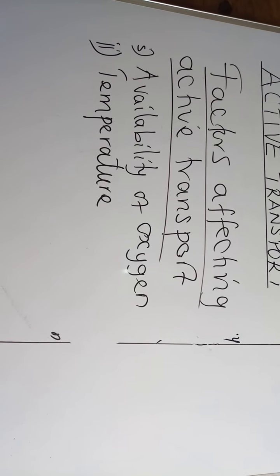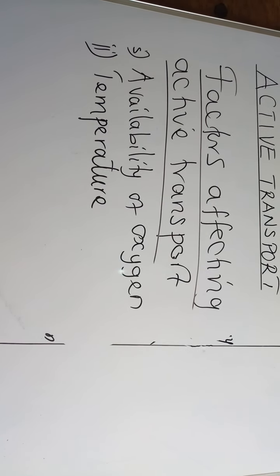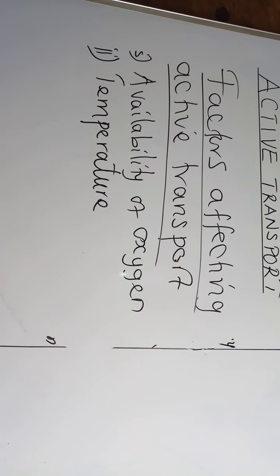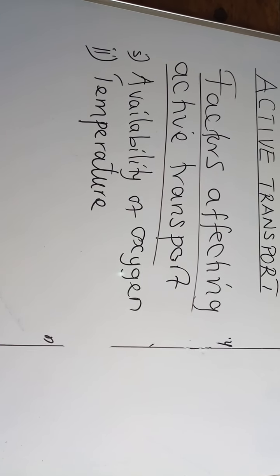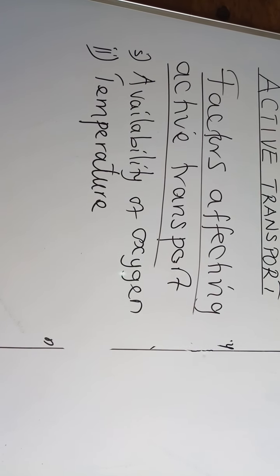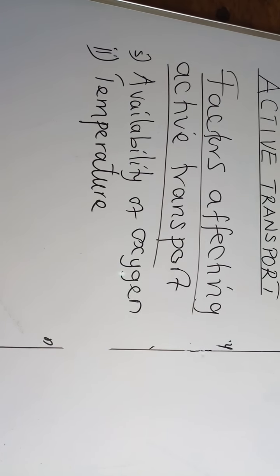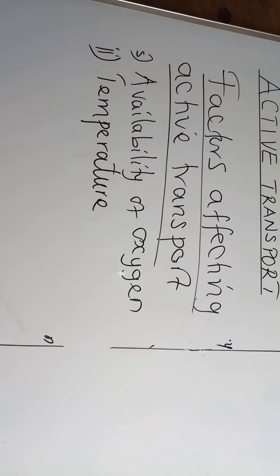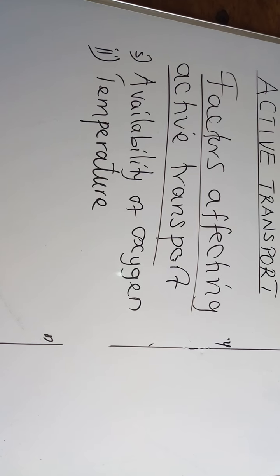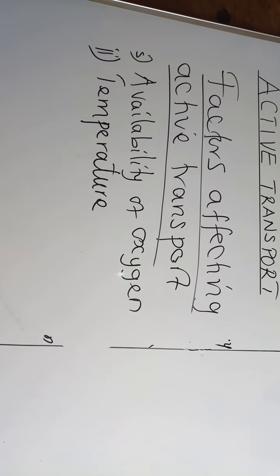When temperature is at the optimum level, the rate of active transport will be fast, because at optimum temperature, which ranges from about 35 degrees Celsius to 40 degrees Celsius, enzymes are capable of catalyzing reactions to the maximum level.